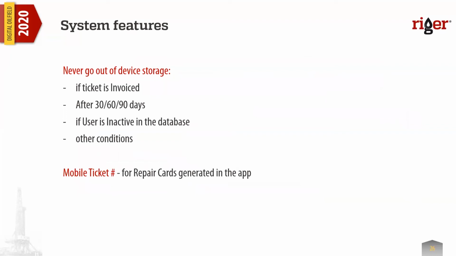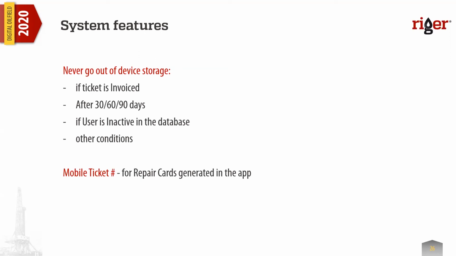We saw situations when field technician applications and mobile device storage can be filled pretty quickly. So we want to make this process automatic: in order to not run out of device storage, we have enabled automatic hiding of the tickets in the mobile application when certain conditions are met.